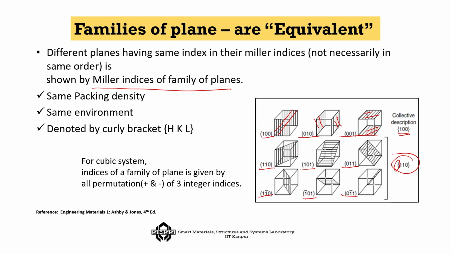So, all these planes that I have shown here are part of the family, and that family we are going to write with the curly bracket 1 1 0. We have to keep this in mind, because these are equivalent planes which have the same packing density and the same environment, and they will be denoted using the curly bracket.